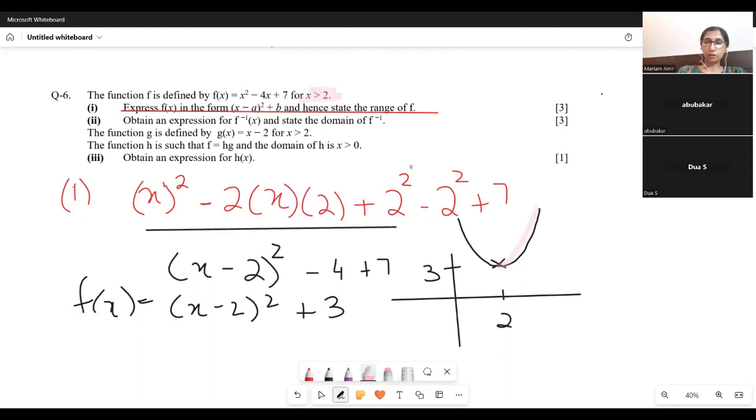So this part of the curve is drawn only, just this part will be drawn, not this part. So what's the range of this function? It is f(x) greater than, in fact, just greater than 3, because this 2 is not included. So we won't even include 3. f(x) is greater than 3 for part 1.